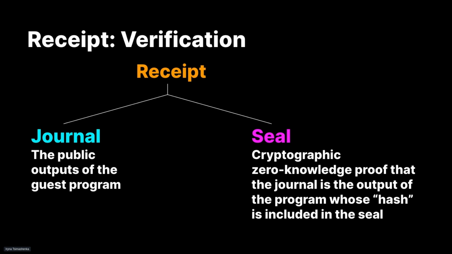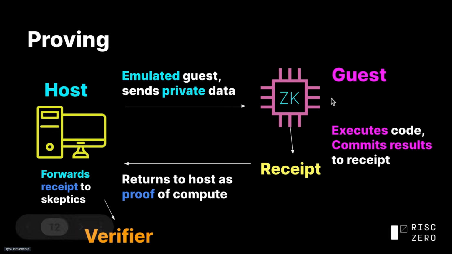So we have a guest, the program that you send to the ZKVM to run, validate, and create a ZK proof of. And you have a host. The host actually runs the ZKVM and also sends private data to the ZKVM.